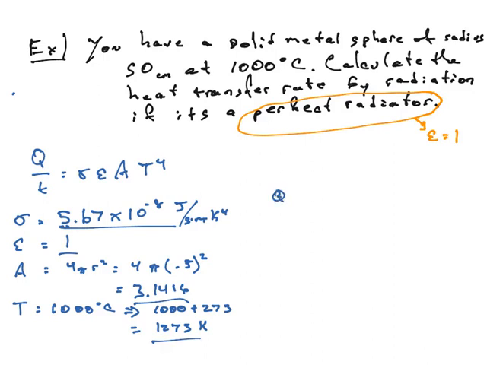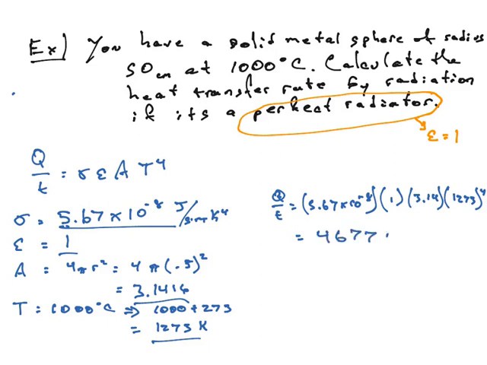So Q over T equals 5.67 times 10 to the minus 8 times 1 times 3.14 times 1273 to the fourth power. And what do we get? We get 467,785.27.